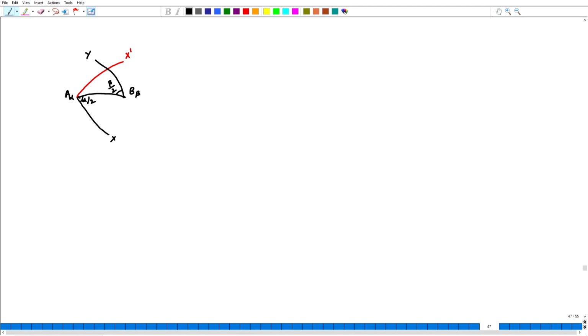And now, I give a rotation about the B axis by an angle of beta to bring the great circle B y to a new position B y prime.